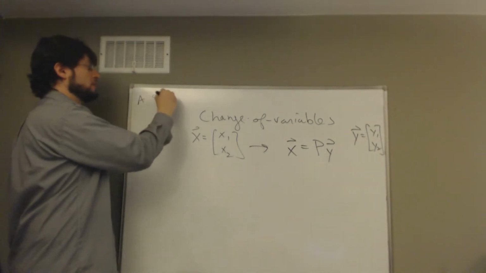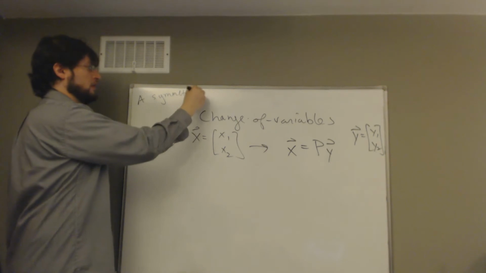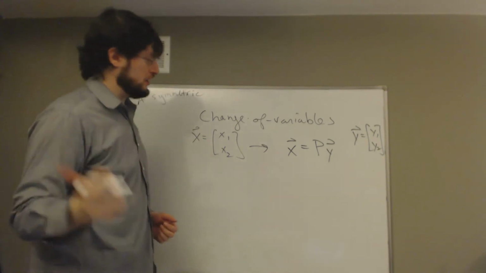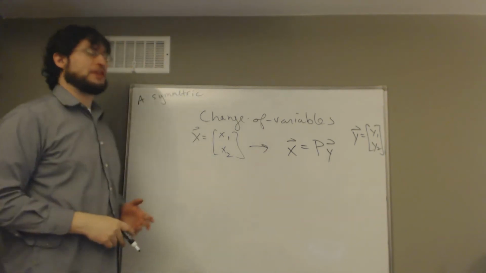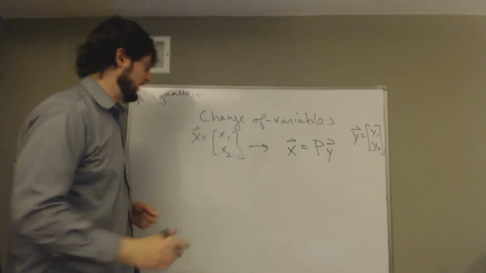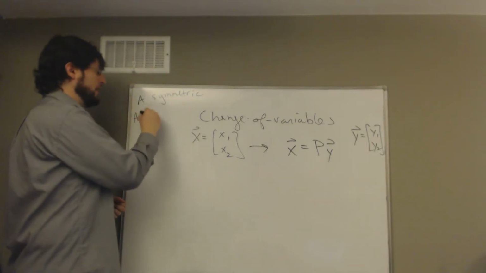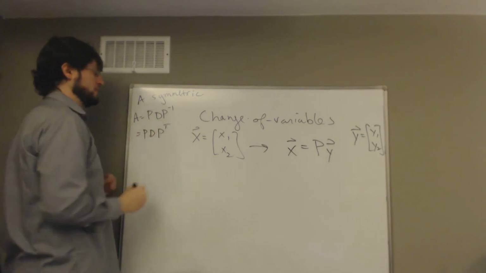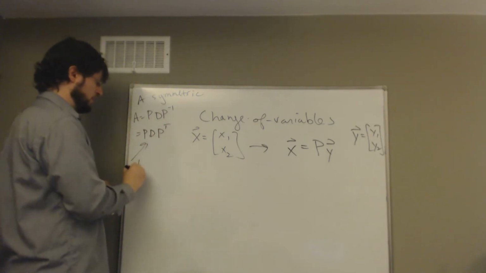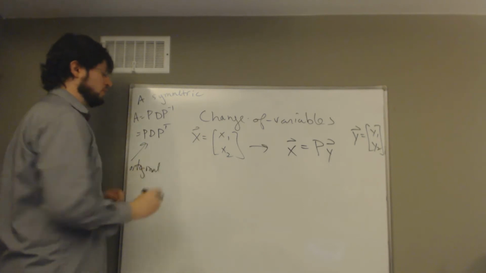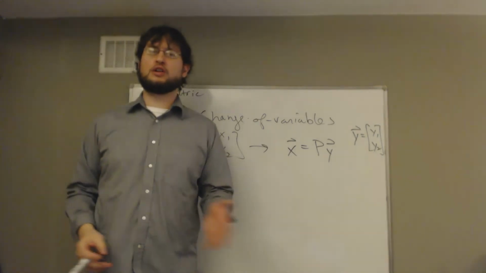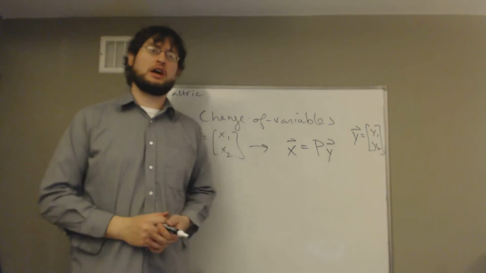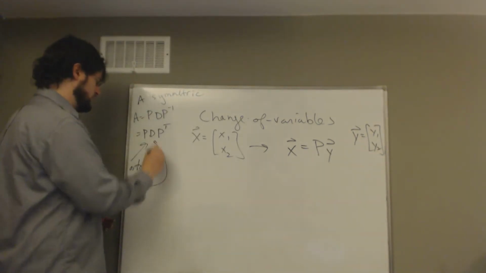Remember that A was symmetric, which according to the last section means we can orthogonally diagonalize A. That is, we can write A as PDP inverse, which is PDP transpose, because P is orthogonal, which means that its column vectors are unit vectors which are mutually orthogonal, and D is diagonal.